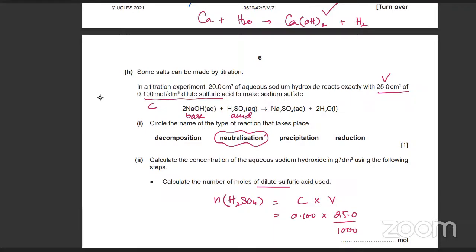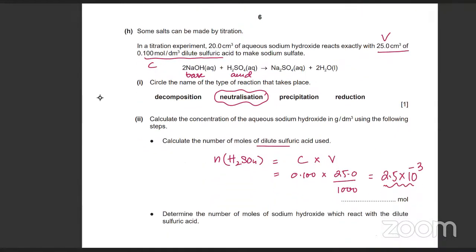So what do you get? 2.5 times 10 to the power negative 3.